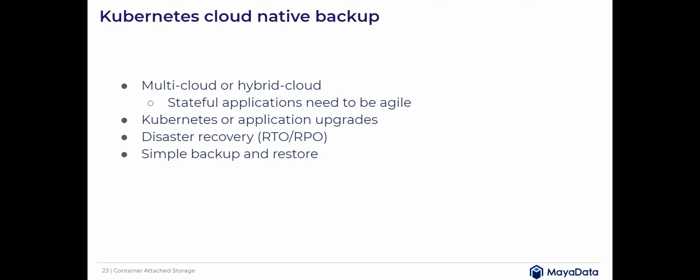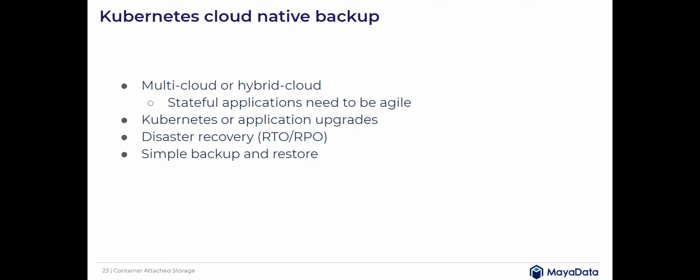As data has gravity, that makes migrating or moving applications across different platforms more difficult. And backup, we will see how it is executed, helps to fluently migrate between multi-cloud environments.